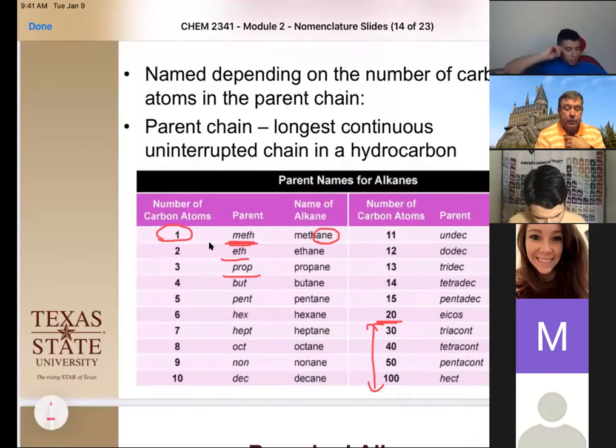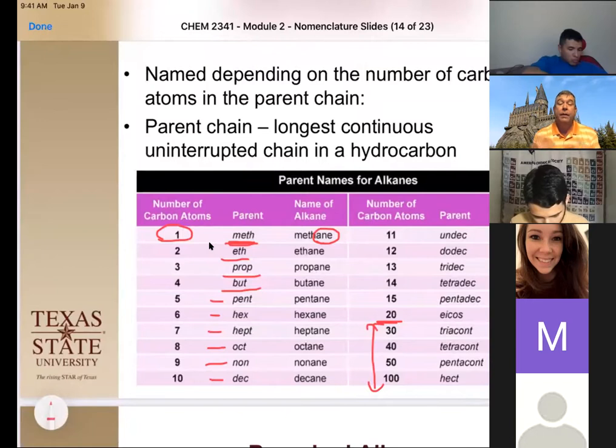4 is but, right here, and then it gets simpler because it follows the more classical Roman or Greek naming structure of penta is 5, hexa is 6, hepta is 7, octa is 8, nona is 9, and deca is 10.